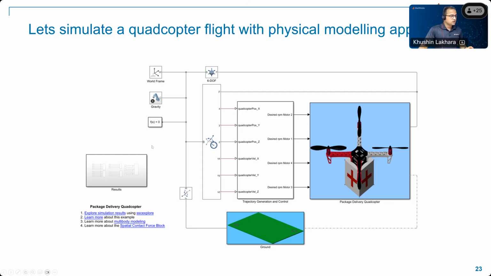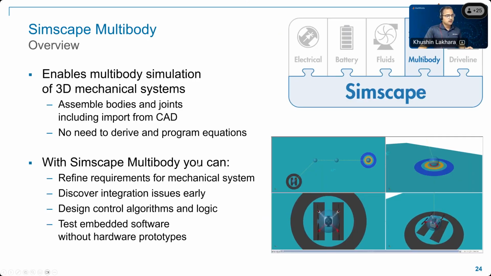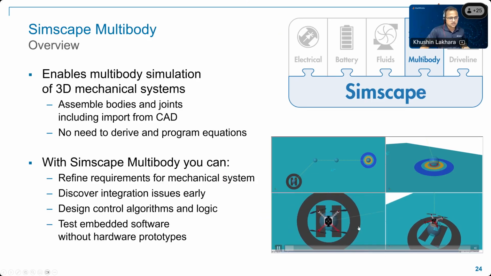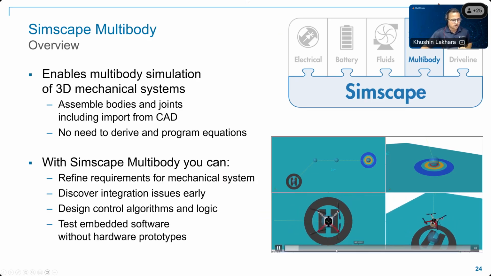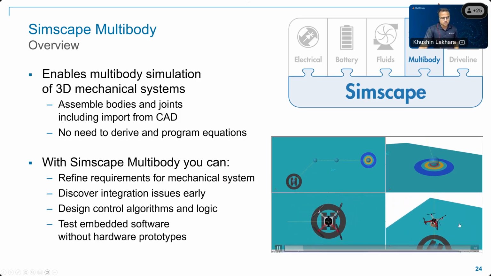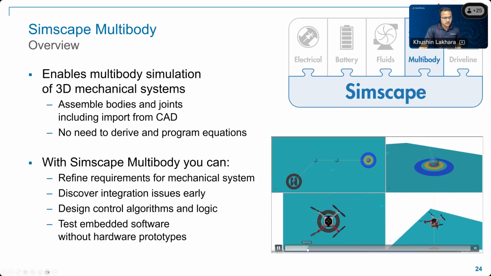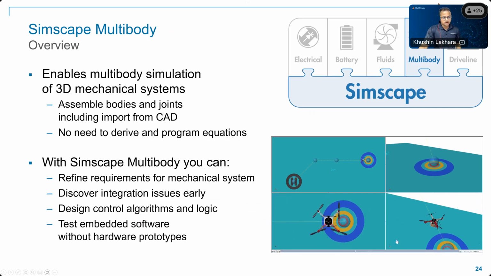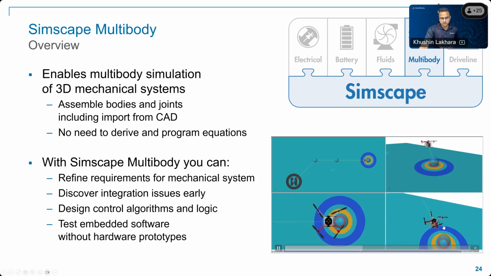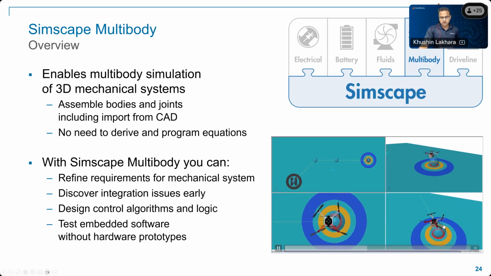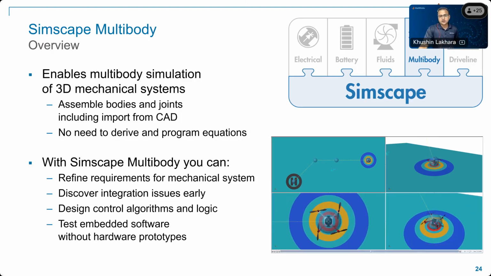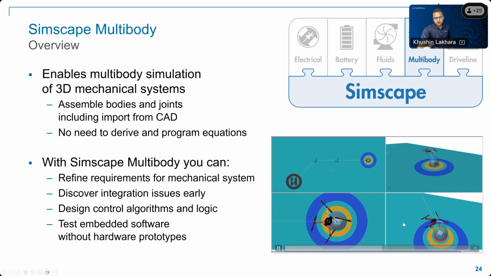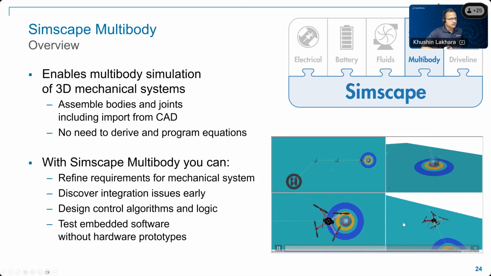Using this, you get a simulation something like this, where you can see that your quadcopter is actually flying. This vehicle will go over a mission in the same way, and you can actually drop your payload. So if you want to test your dropping mechanism capabilities along with this, then you can use the multi-body simulation capabilities.